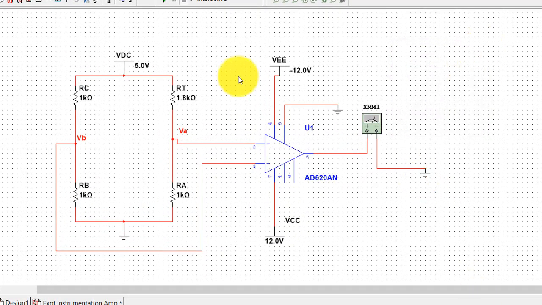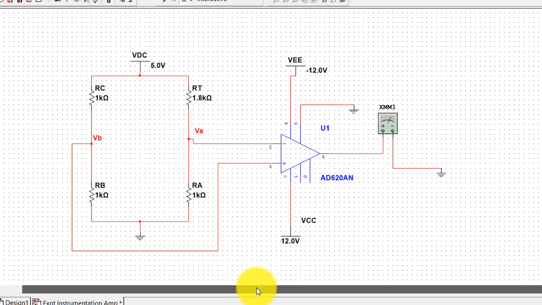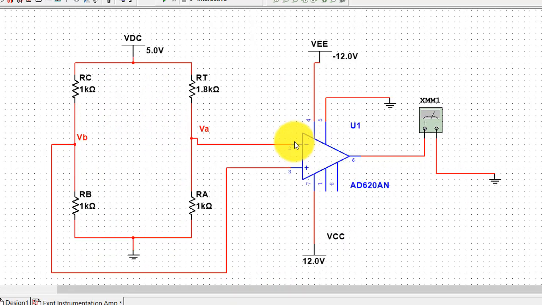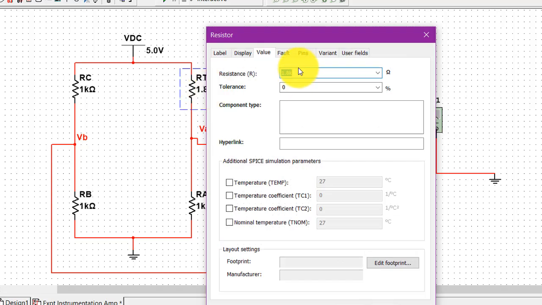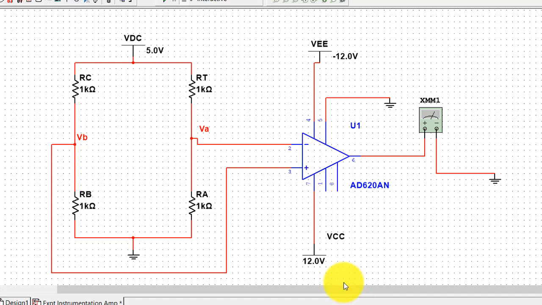Yes, so this is the circuit that we have implemented in Multisim. Now I just check the resistance once again and correct it to 1K. So this is what we can say is the balance condition. All the resistances are equal, so all the 4 arms of the Wheatstone bridge are equal.